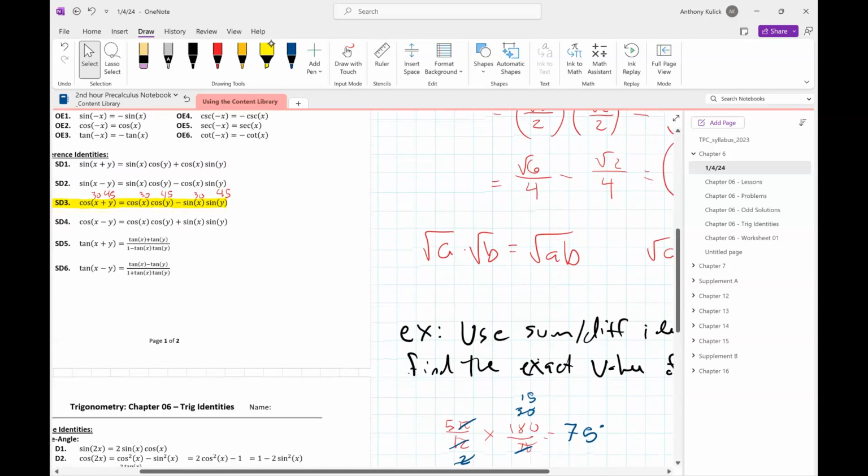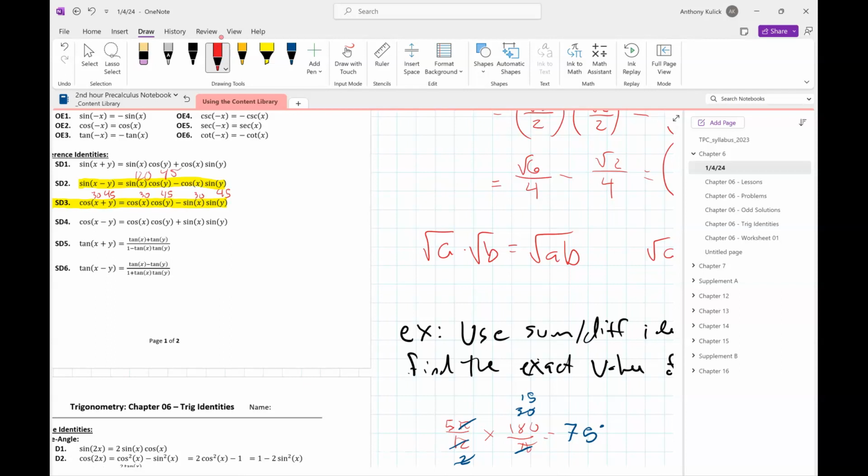All right, so we go here. Now we're using this one, right? So again, the x is like my 120 and the y is like my 45.